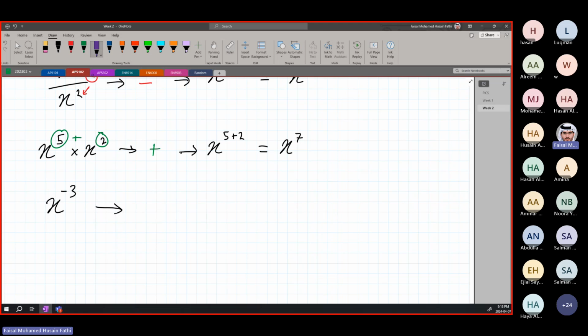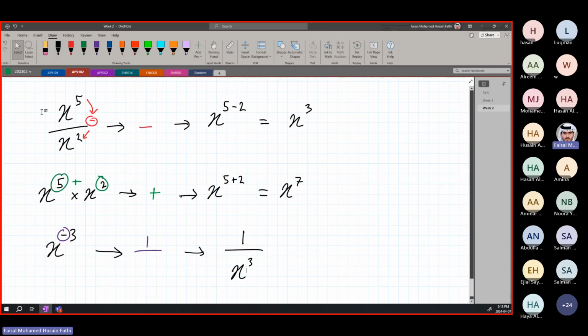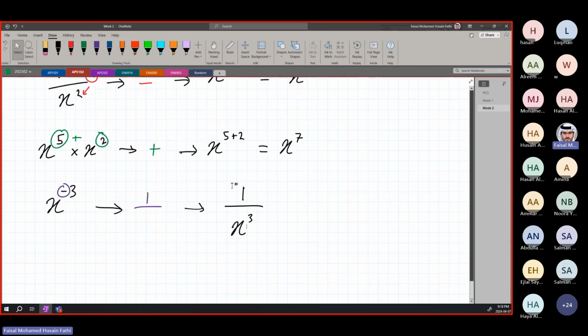This minus represents that you are going to do 1 over. It is going to be 1 over x to the power of 3. These are the 3 most important concepts when it comes to multiplication and division with powers. If you have division, it's minus, you're going to subtract. If you have multiplication, you're going to add. And if you have a negative sign, it simply means it's the reciprocal, it's 1 over.